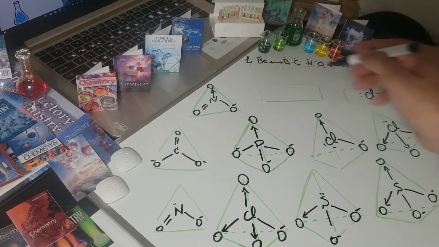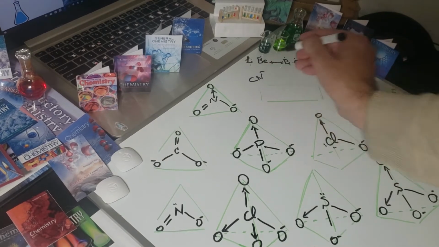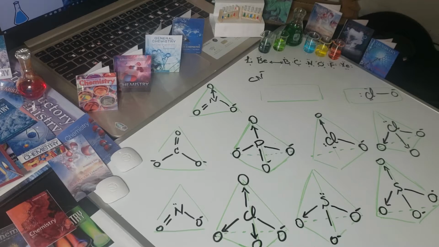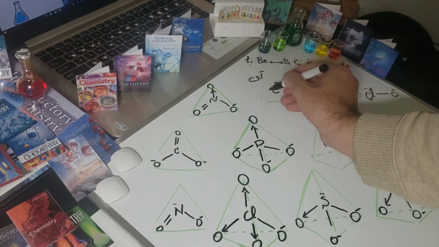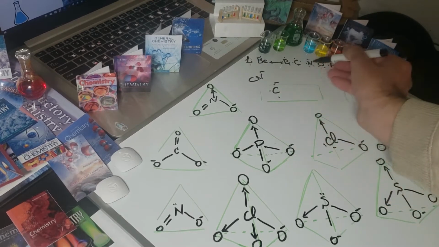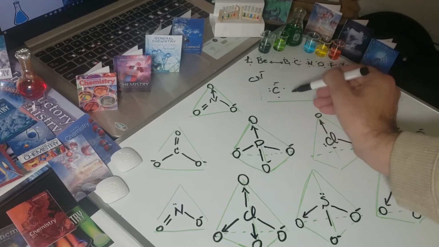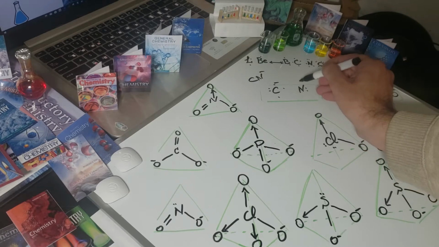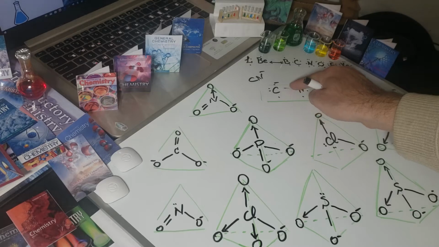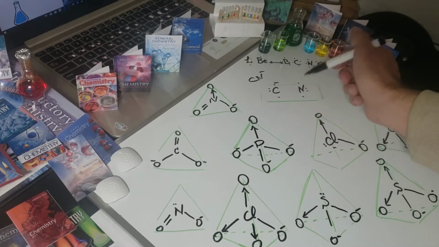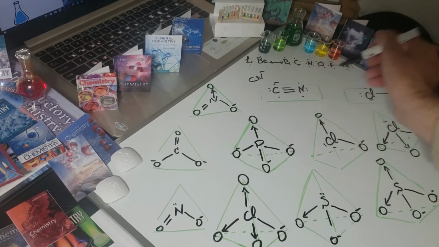And the CN negative. Carbon is the central atom, because it has the maximum number of single reacting electrons, we take it as negative, and if it's negative, it's just like nitrogen. And if I have a nitrogen as well to make CN negative, the only way we could make both of them satisfied is to make a triple bond.